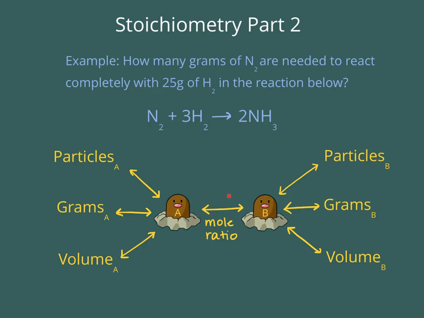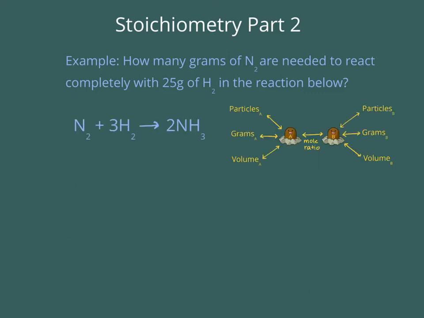And then this conversion factor, as we learned in our previous lesson, is our mole ratio, the ratio of coefficients in our balanced chemical equation between our nitrogen and our hydrogen. And then finally, this conversion factor here, going from moles to grams, is once again our molar mass. But this time it's going to be our molar mass of our nitrogen.